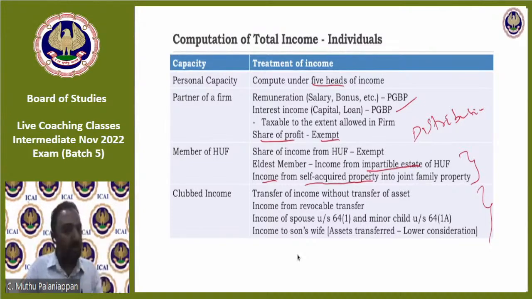If there is any clubbing, you need to club. If it's anything related to a partner, you need to consider. So you can keep those two aside. The rest of the things alone, probably you can try to refresh. So that's what it is.